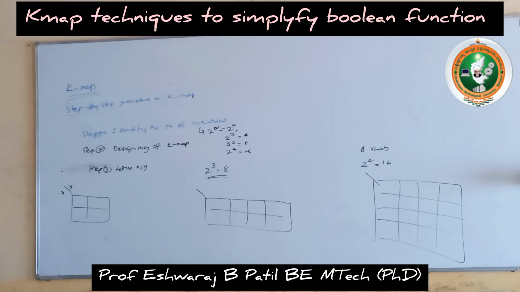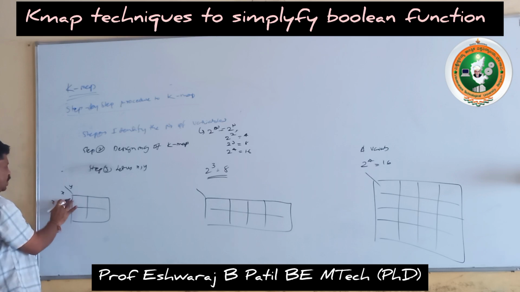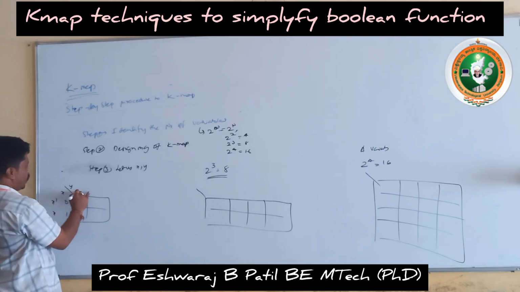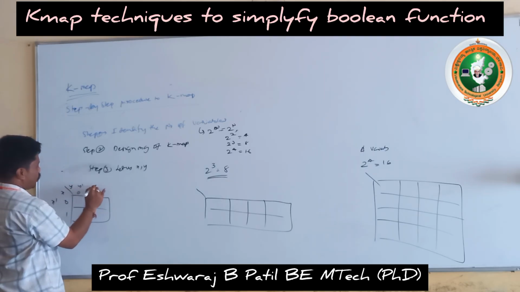If I toss a coin, how many combinations can I have? 2 combinations, 0 or 1. 0 is written as x dash, 1 is written as x. Similarly y has the 2 values 0 or 1, y dash and y.